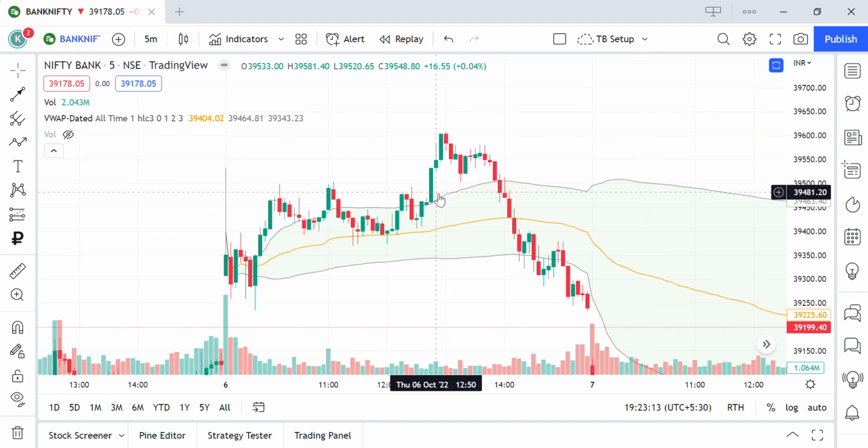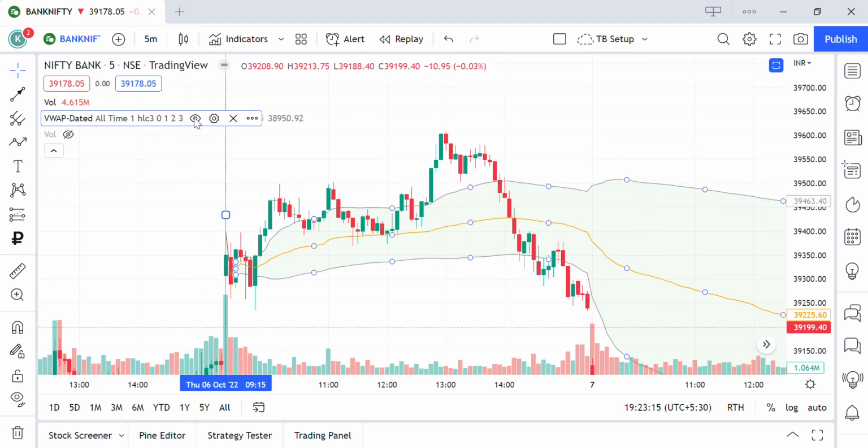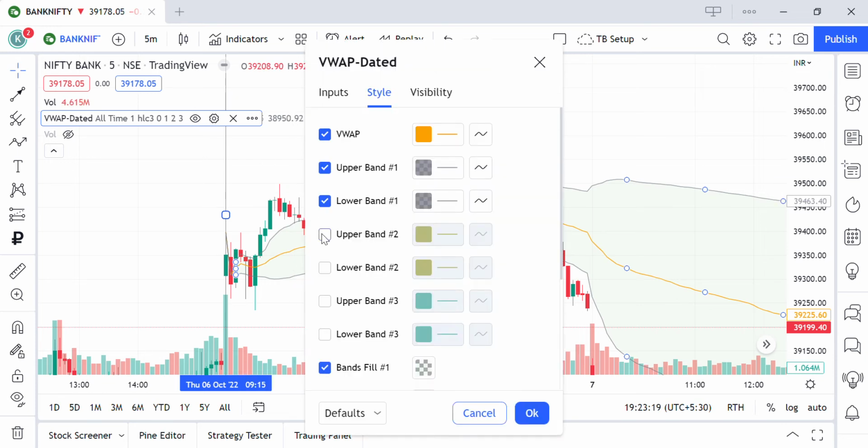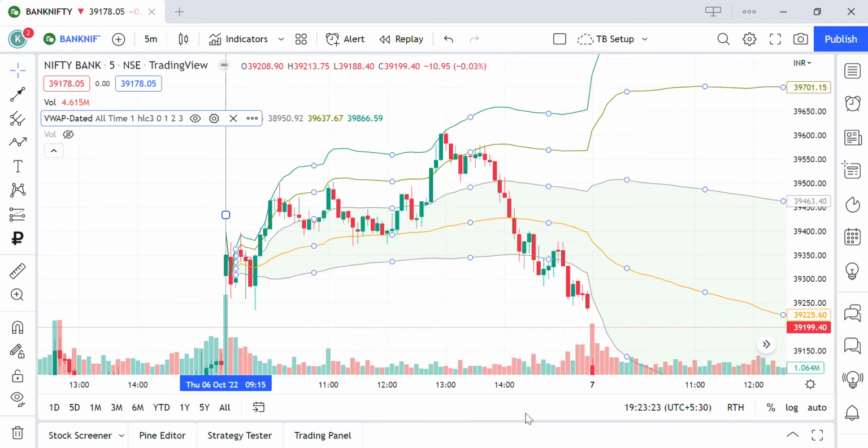However, it is not showing any kind of price reversal at this level. This is when we have to open up the idea of putting up upper bands to this VWAP. So if you see now the standard deviation, that is 2 sigma deviation to this normal VWAP, price is showing some sort of resistance.